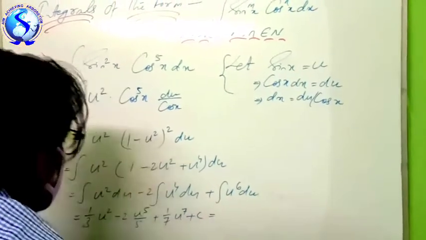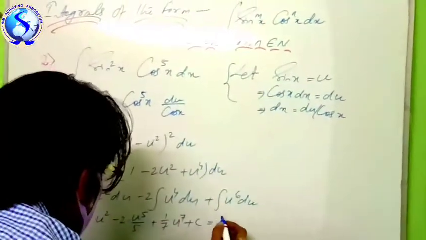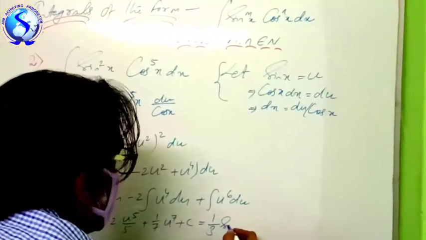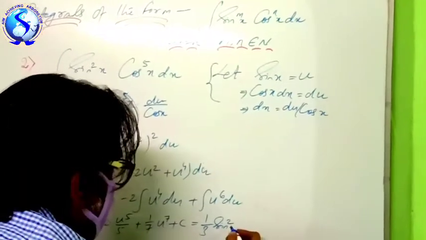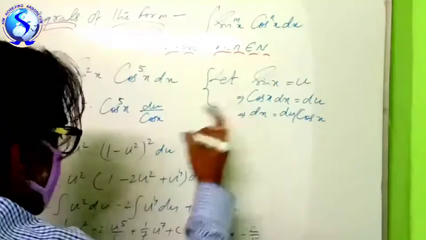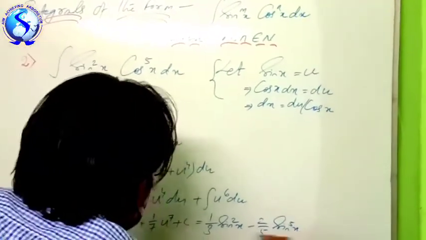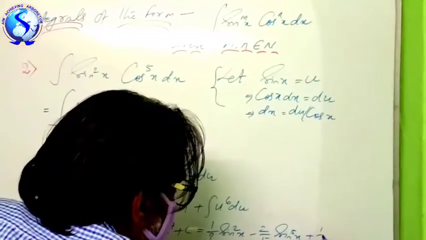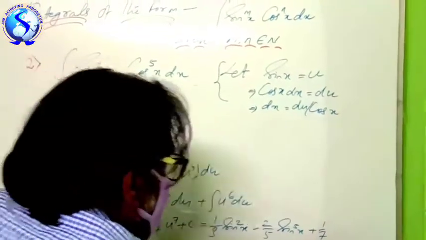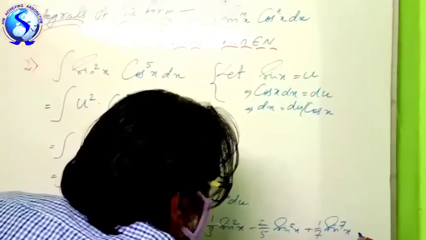Now put the value of u. What is u? That is sin x. That means 1 by 3 sin cube x minus 2 by 5 sin to the power 5 x plus 1 by 7 sin to the power 7 x plus c.